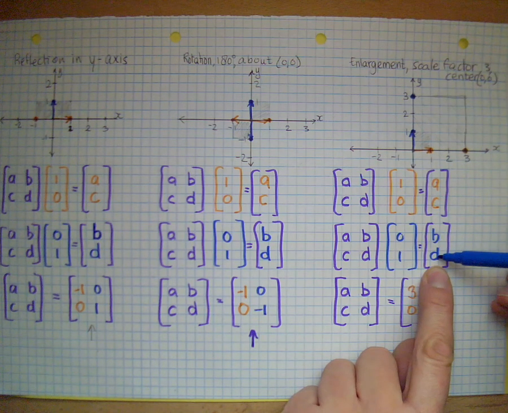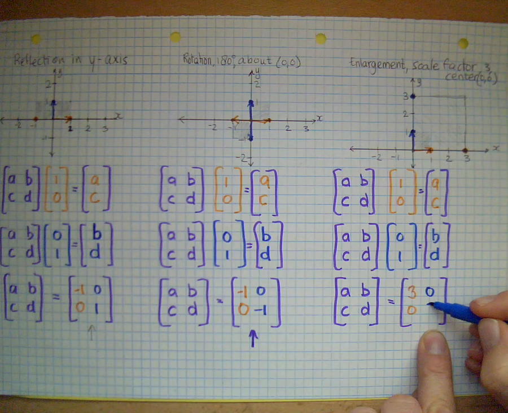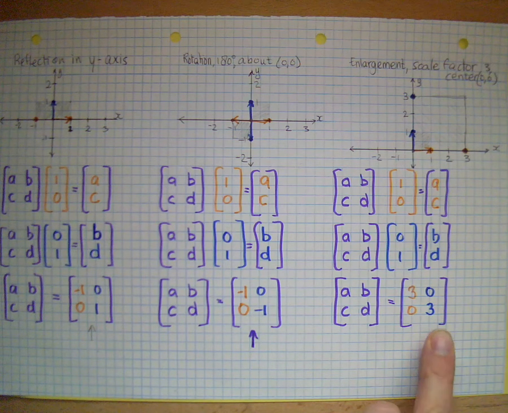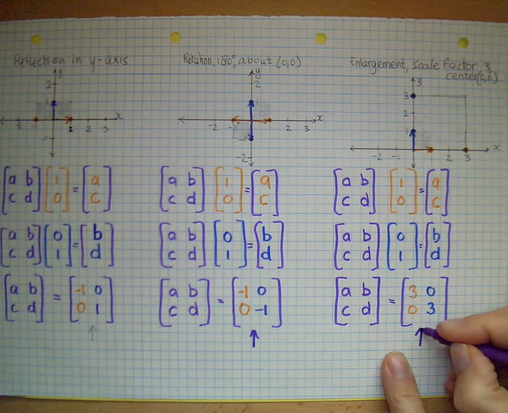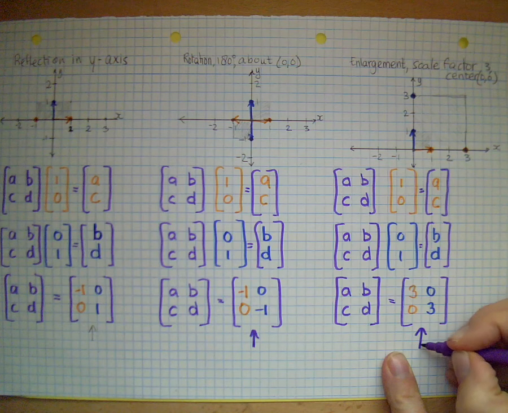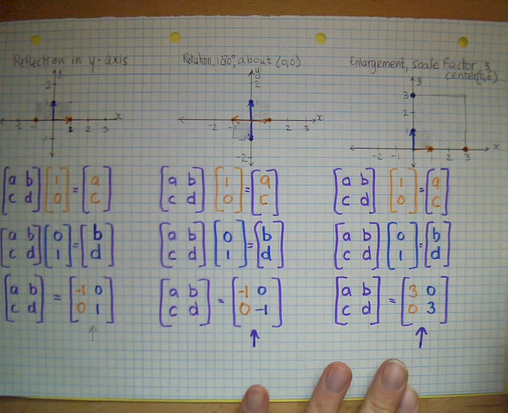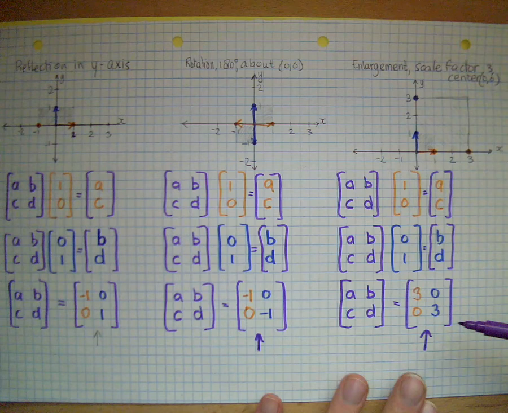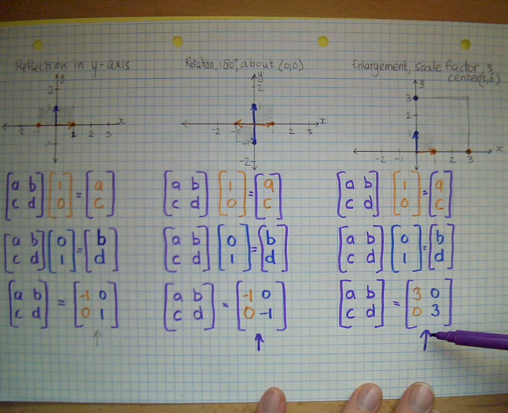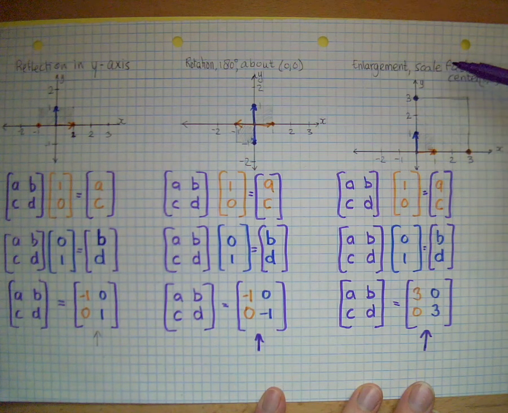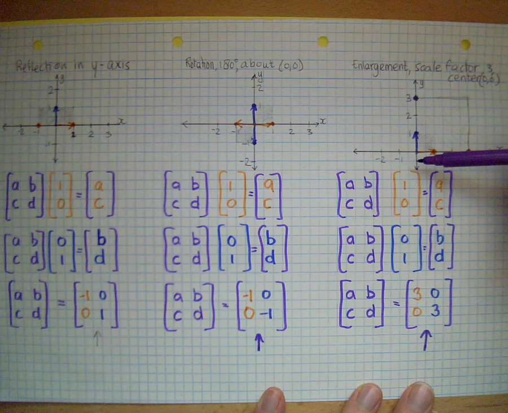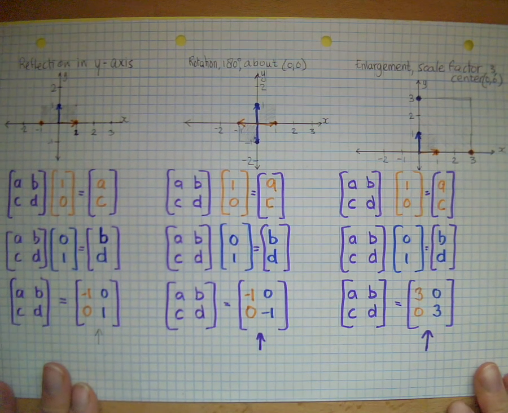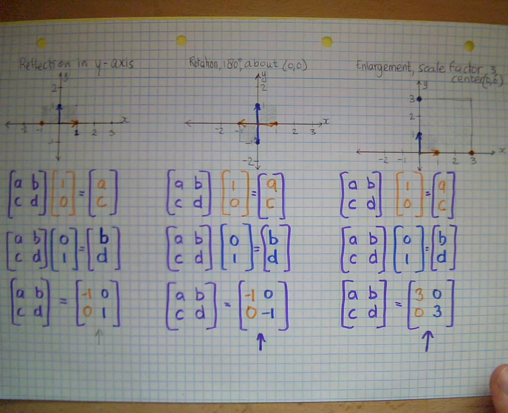So this transformation matrix will transform any set of vectors by enlarging it with a scale factor of 3, where the center is the origin. Okay, have fun with it.